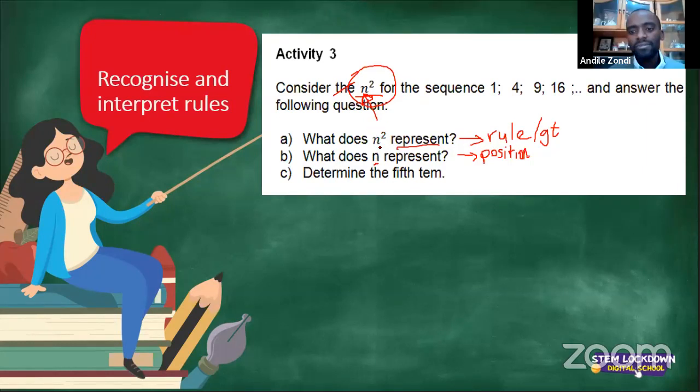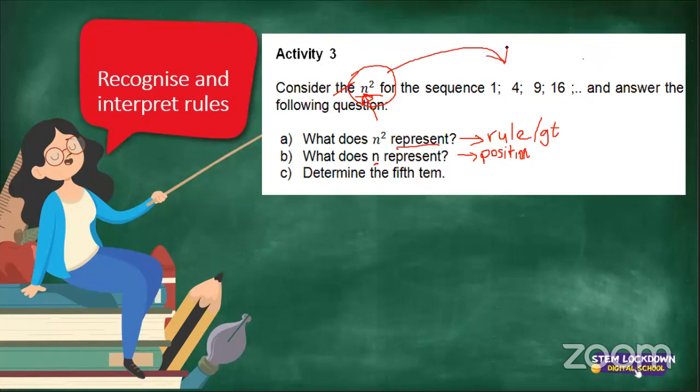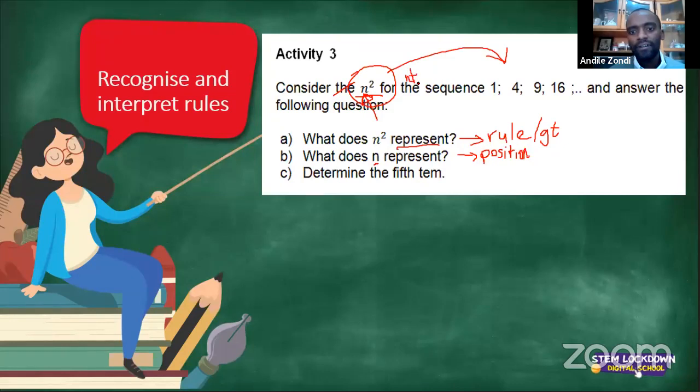Basically, n to the power 2 is also known as a general term. It is the rule you use to get these values. Sometimes it can be called the nth term, or the general rule, or general term, or the rule.